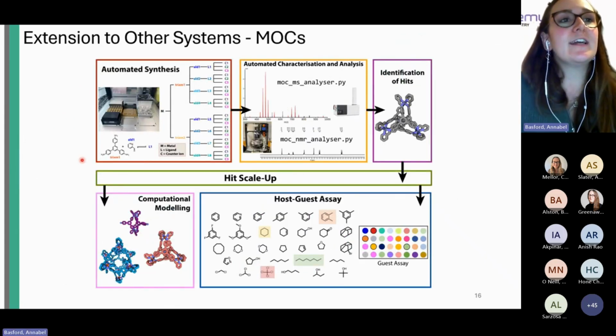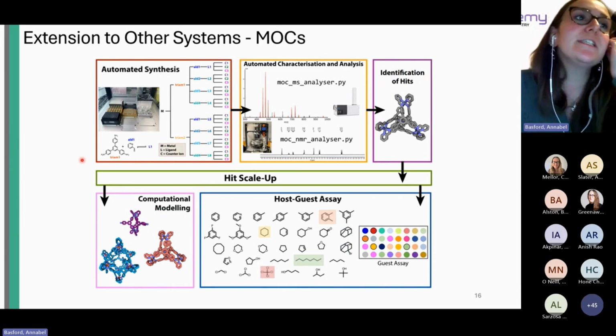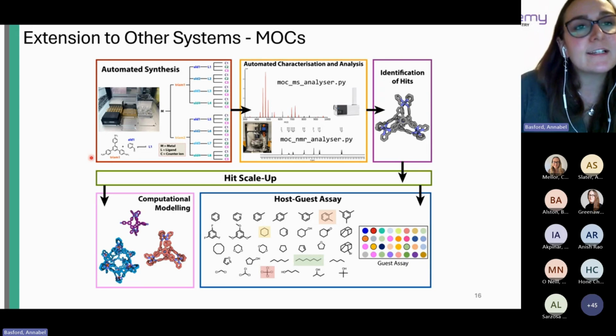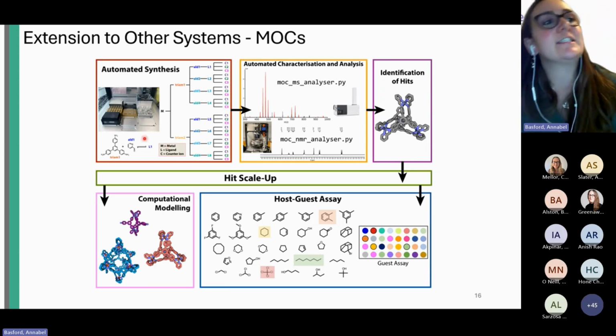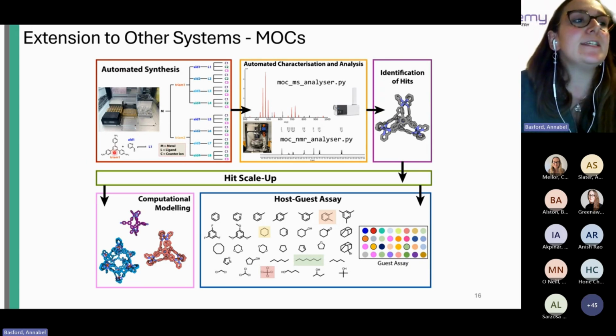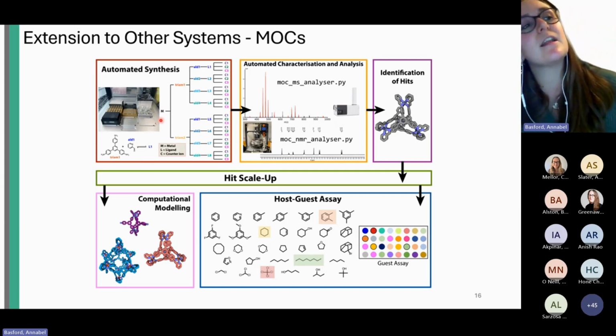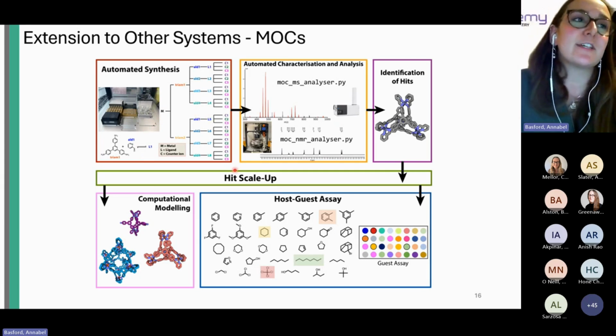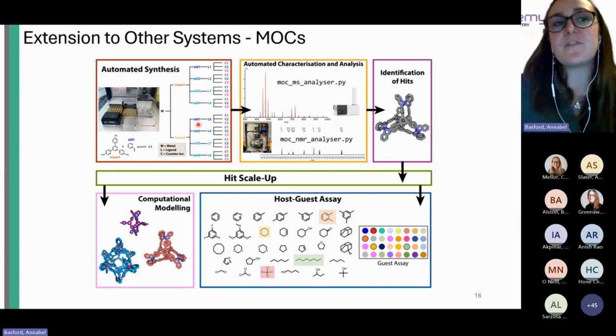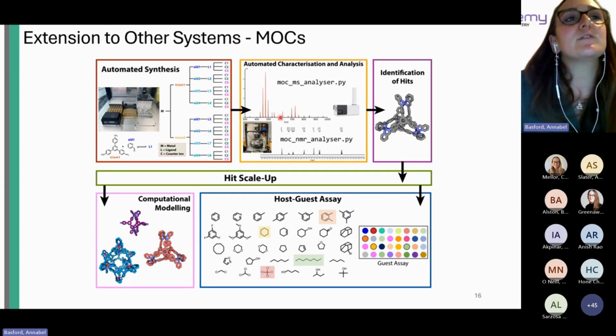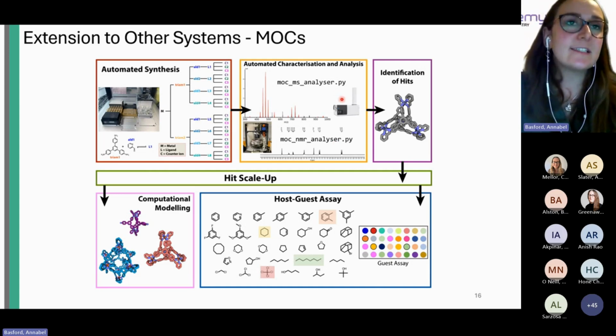Then we thought, okay, we don't want to just do this for one type of material. So we moved on from porous organic cages to metal organic cages. So again, we used our amines and our aldehydes, but these created ligands, which can self-assemble with metal ions. And we can screen against different counter ions to create our automated synthesis workflow. We can then automate our characterization analysis again.